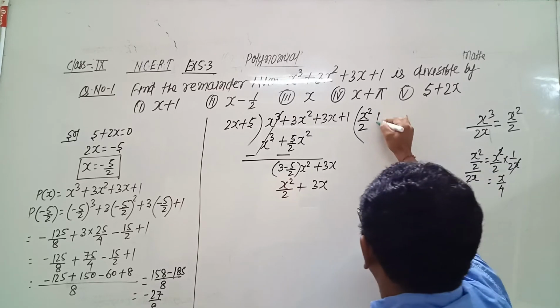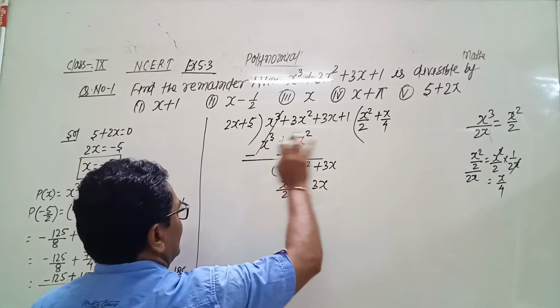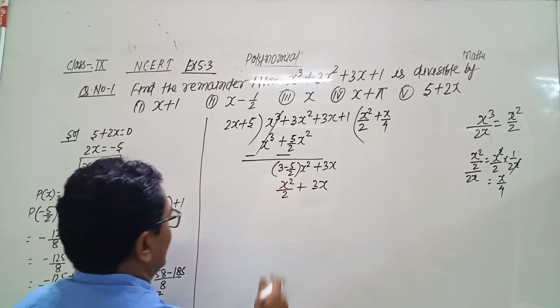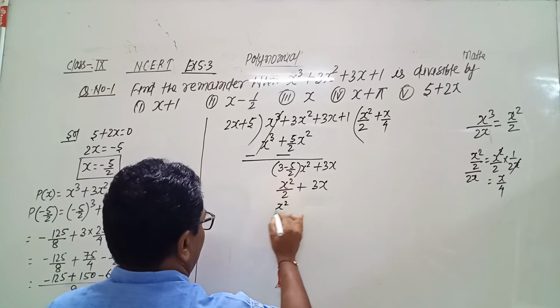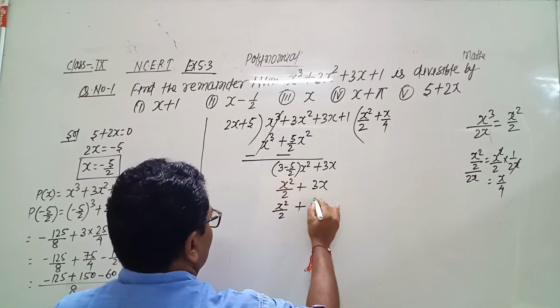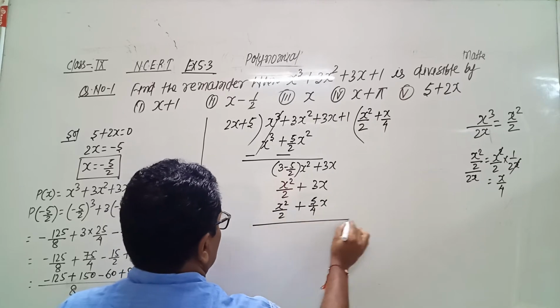So here we write x by 4, and 2x multiplied by x by 4 comes x square by 2. And 5 multiplied by x by 4 comes 5 by 4 into x.